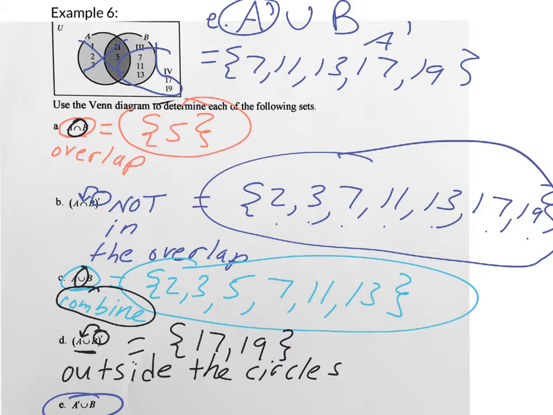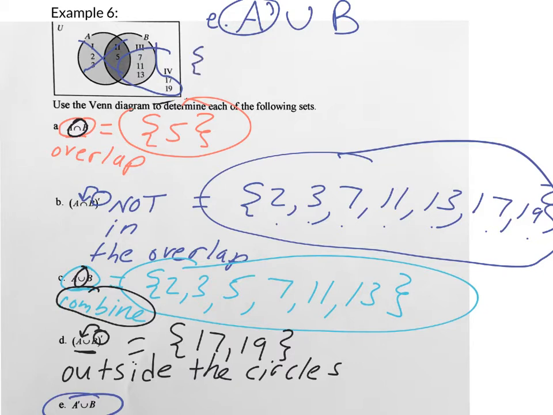Let me write this a little bit smaller so I have more room to work. So the complement begins with everything outside of circle A: 7, 11, 13, and don't forget about the 17 and 19. So that's just A complement.